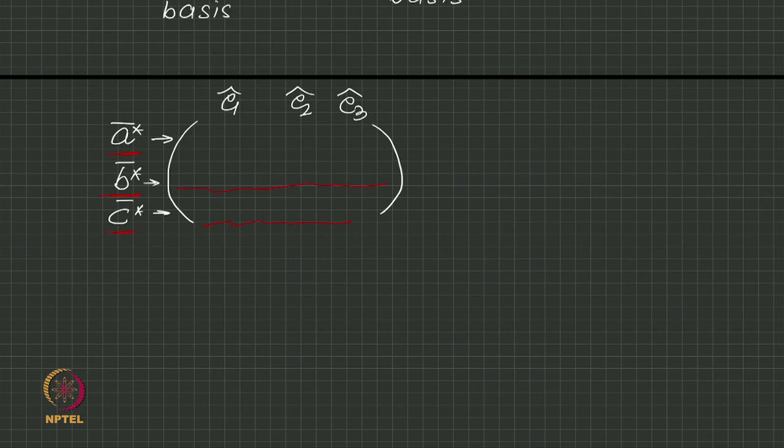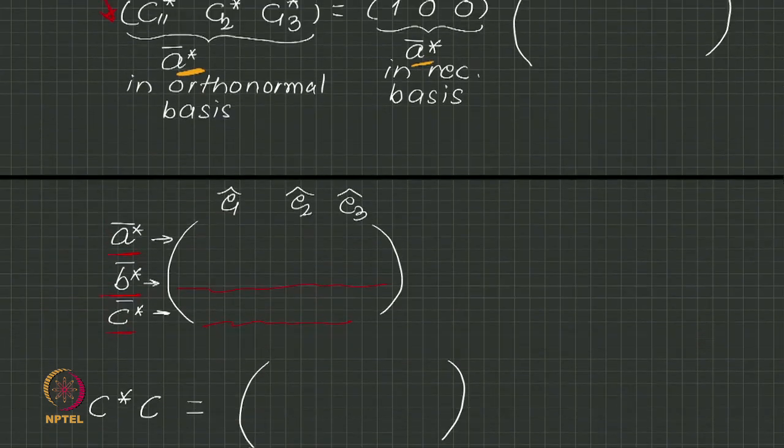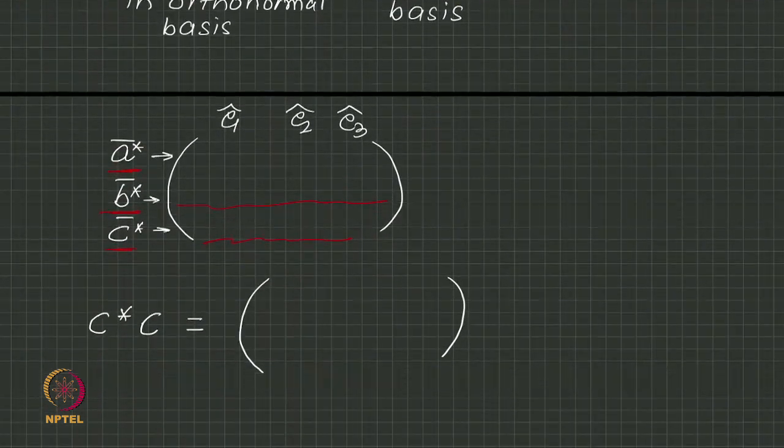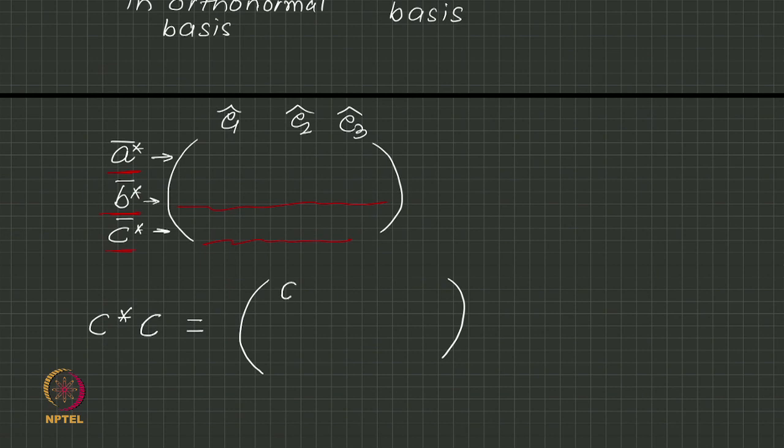If that is the case, we can derive an important property. Let us take the product of these two matrices, C star C. So, C star has A1 star, A2 star, A3 star.